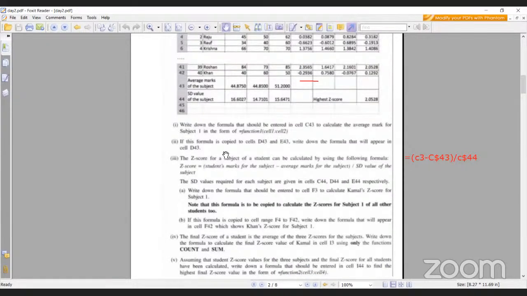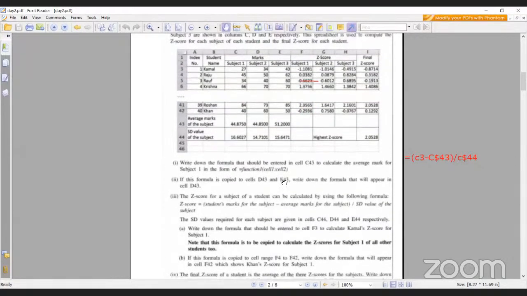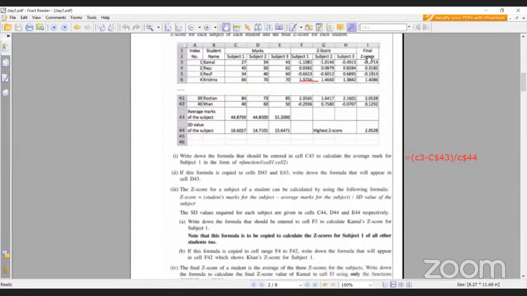Then the next one. The final Z score of the student is the average of the three subjects' Z scores. Write down the formula to calculate the final Z score value of Kamal in cell I3 using only the functions count and sum. So here, what are you going to write? You can use only sum and count.